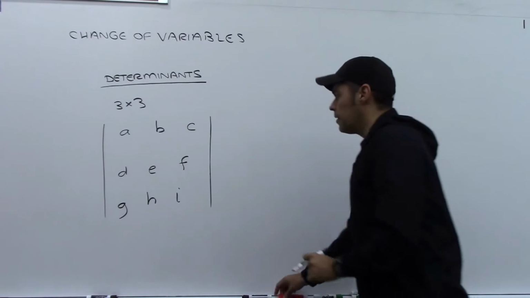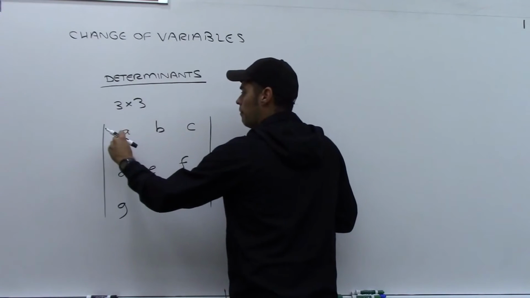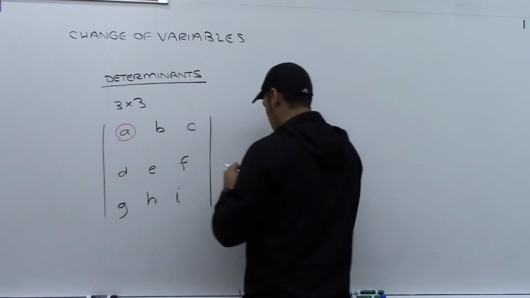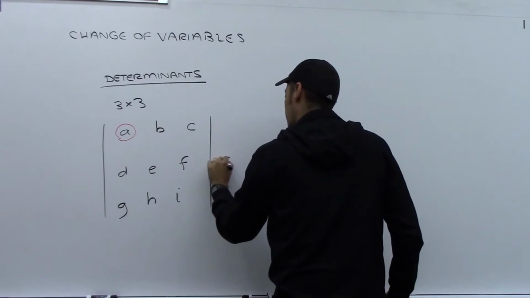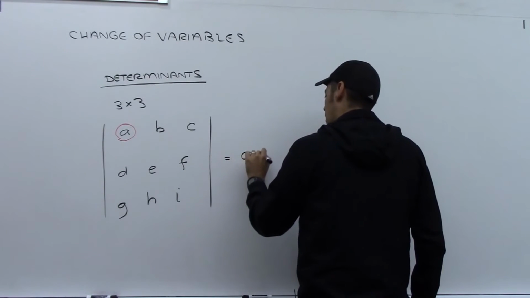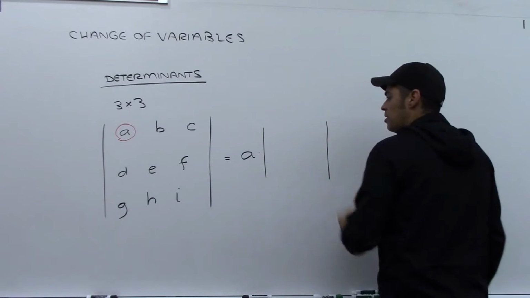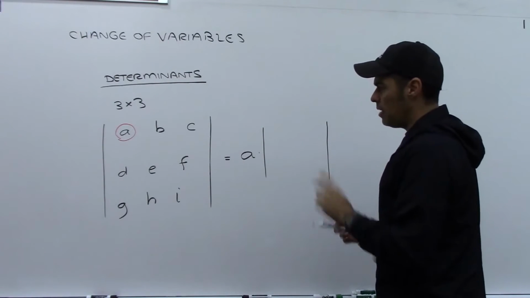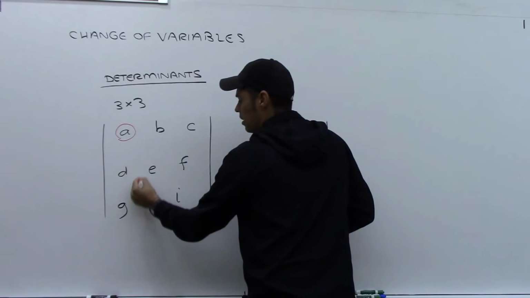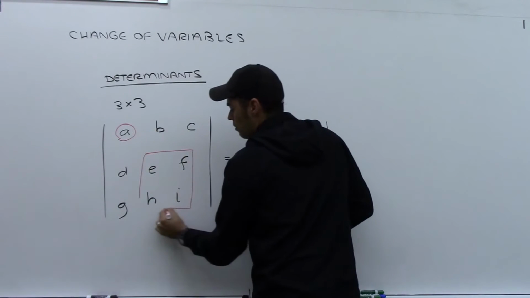So what we do is we start by looking at the top left, and we write that down, A, and we multiply A times a determinant. But this determinant is a determinant of a 2 by 2 matrix, the one created from those 4 numbers.